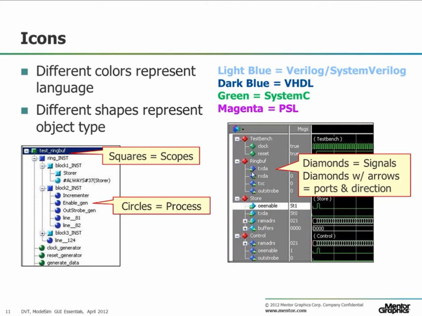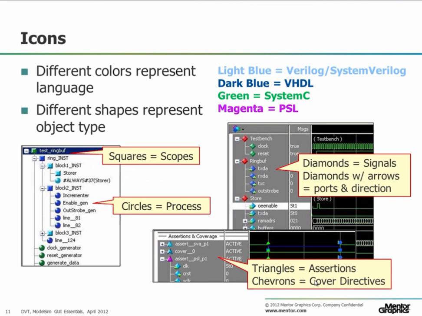A diamond with an arrow, so that's an out arrow, so that's an output port. Or excuse me, that's an in arrow, that's an input port. This is an output port. So the arrows indicate port direction. And then for assertions and cover directives, triangles in the wave window are referred to as assertions, and chevrons, or Star Trek symbols, as I like to call them, are cover directives, either SystemVerilog or PSL cover directives.